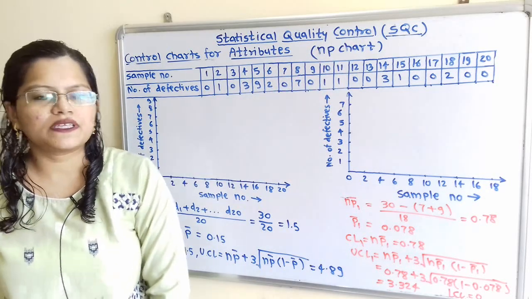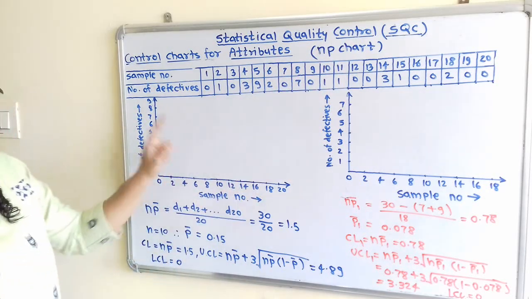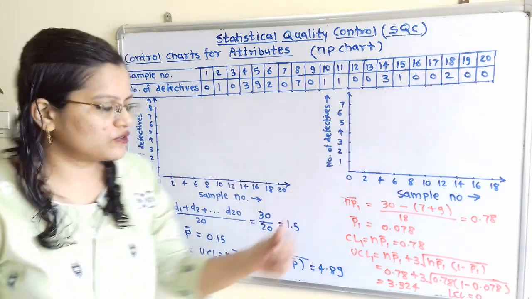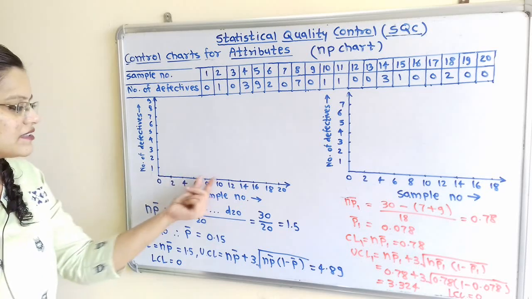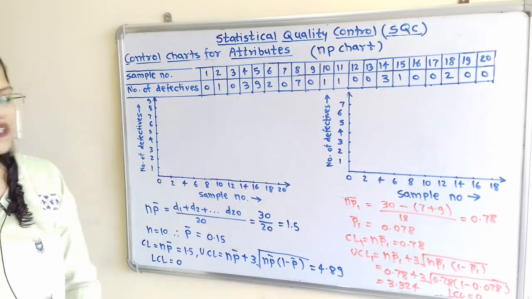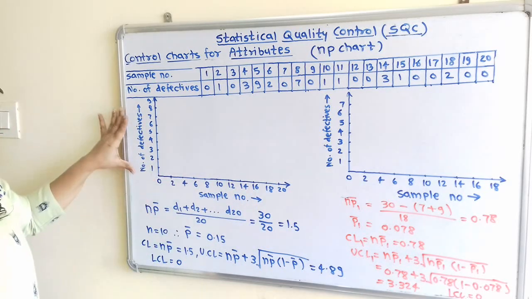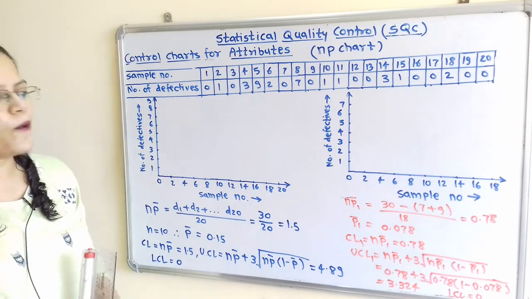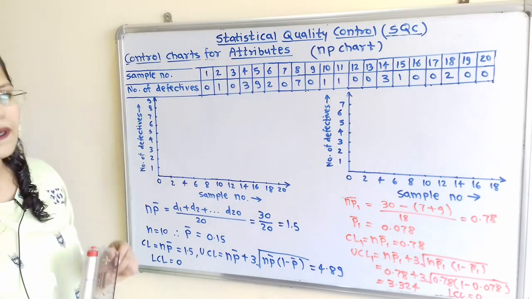For this NP chart, on the horizontal line we plot the sample number from 1 to 20, taking equal distances. On the vertical line we plot the number of defectives. We first plot the points as per the given table.